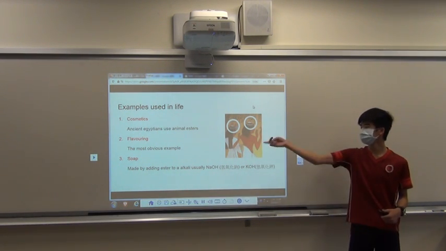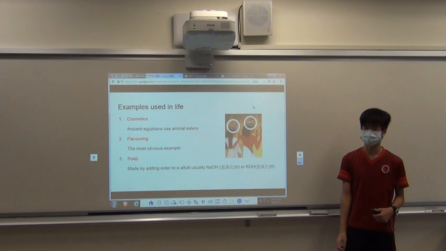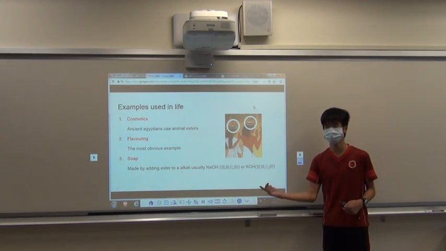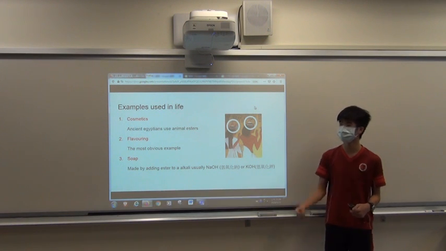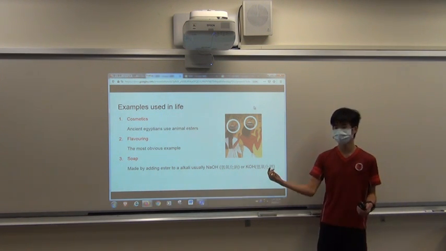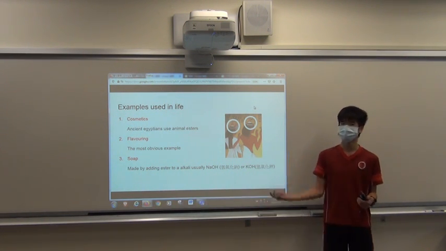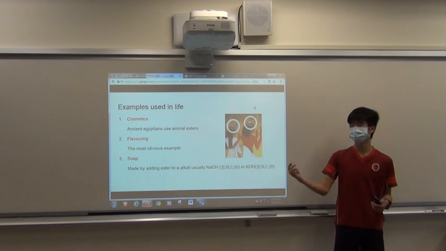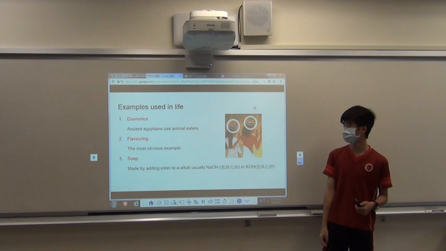And the most obvious example is that we use it as flavoring. Like when you have rice and put pork on it, there's oil on it, and it's tastier when you add some oil. And the last example is soap.